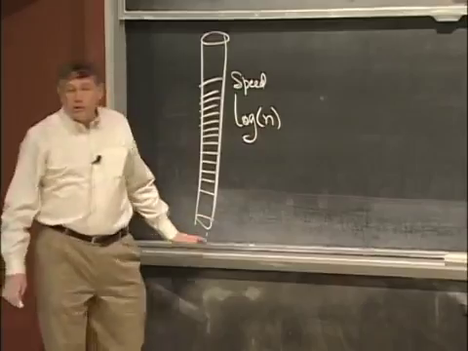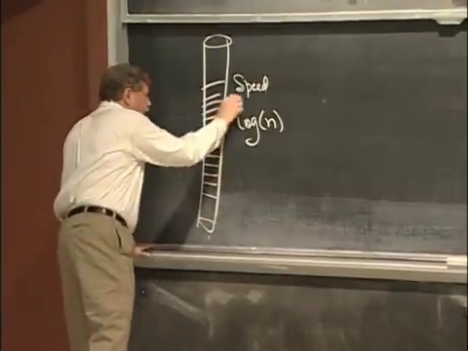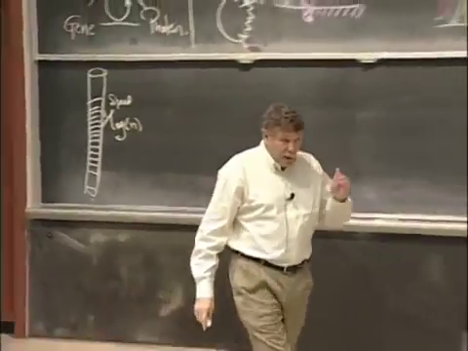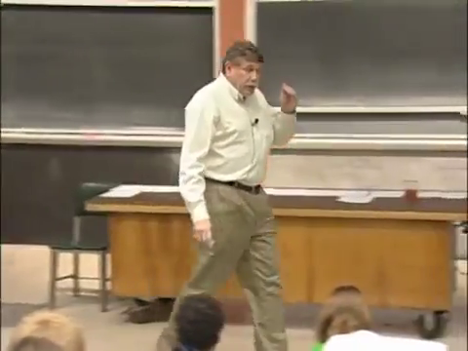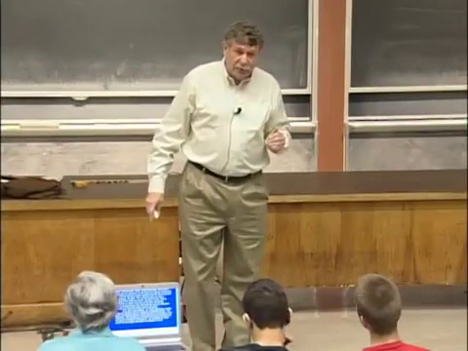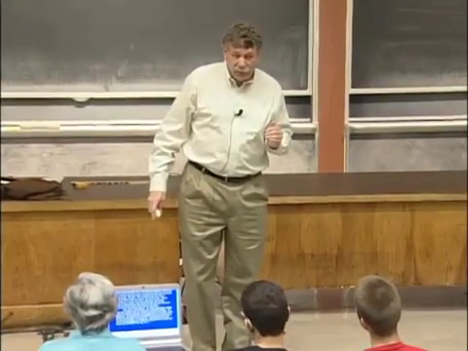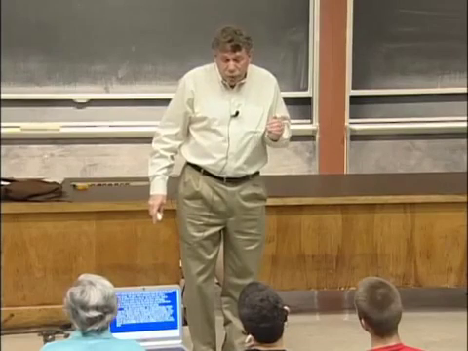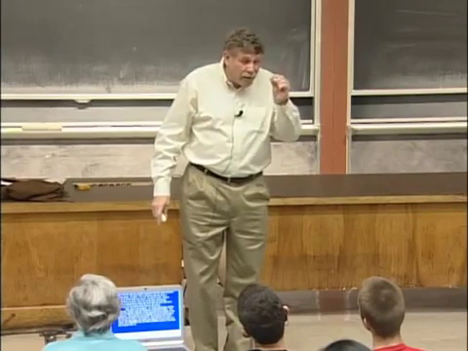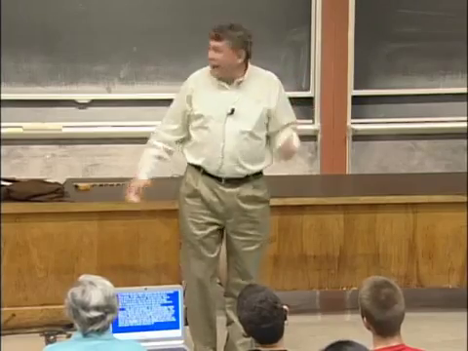Big fragments go slower, inversely proportional to the log of the length. And as they get bigger and bigger, they go slower and slower. But the difference between log of 1,000 and log of 1,001 is pretty small, and then log of 1,001 and 1,002, very small.